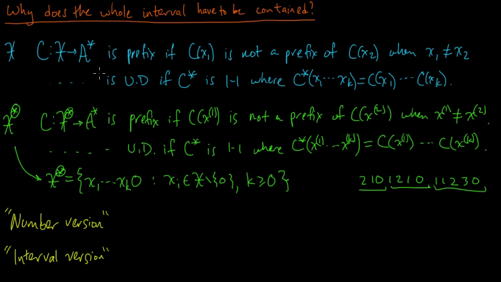And in fact, in this context, the number version is not a prefix code in this sense right here. So this is not prefix, and in fact, it's not even uniquely decodable in this sense.